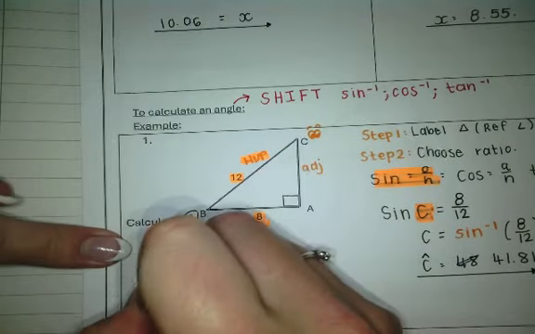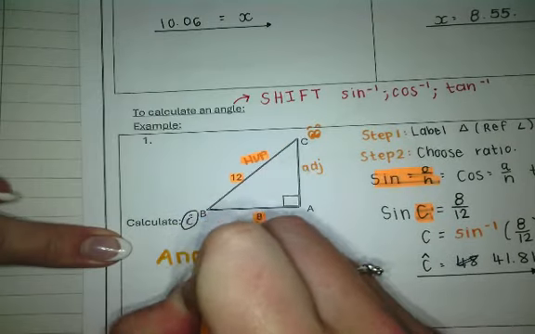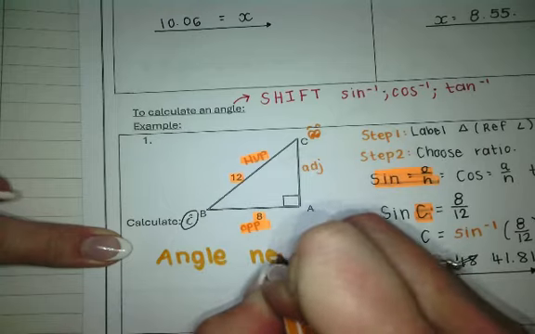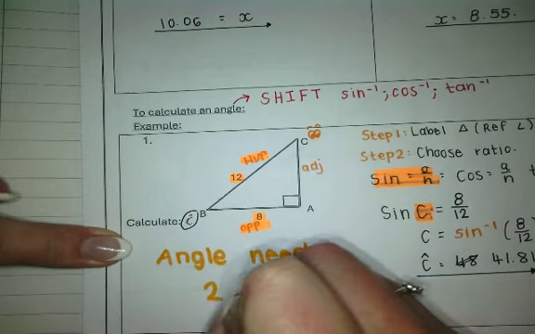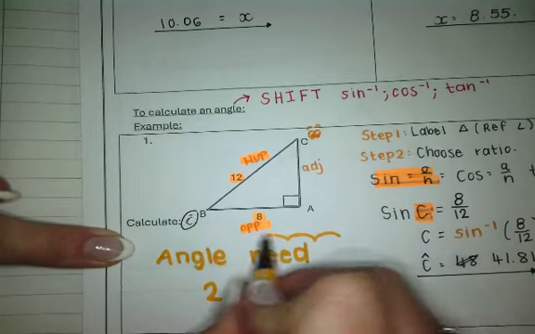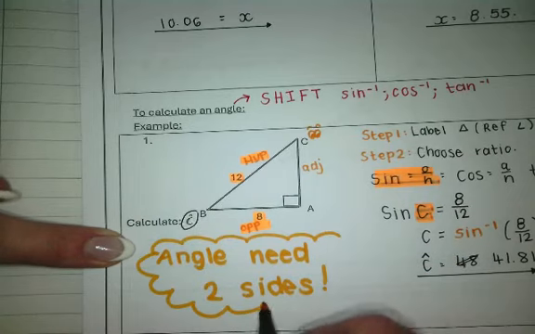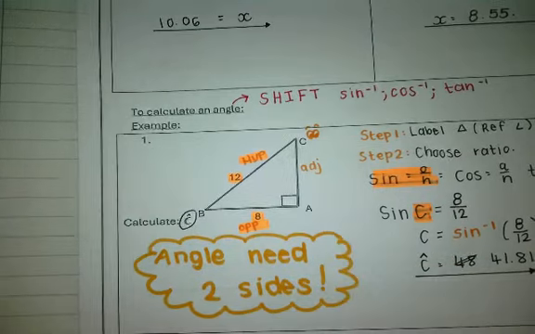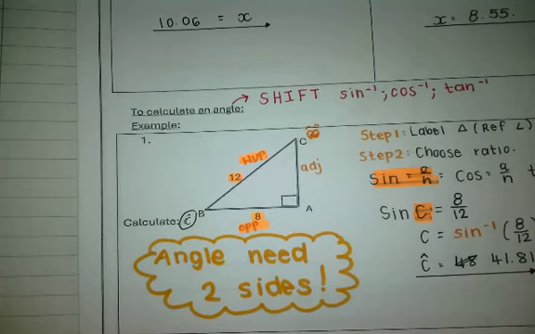Let's write that down. In order for us to calculate an angle, at least 2 sides are needed.